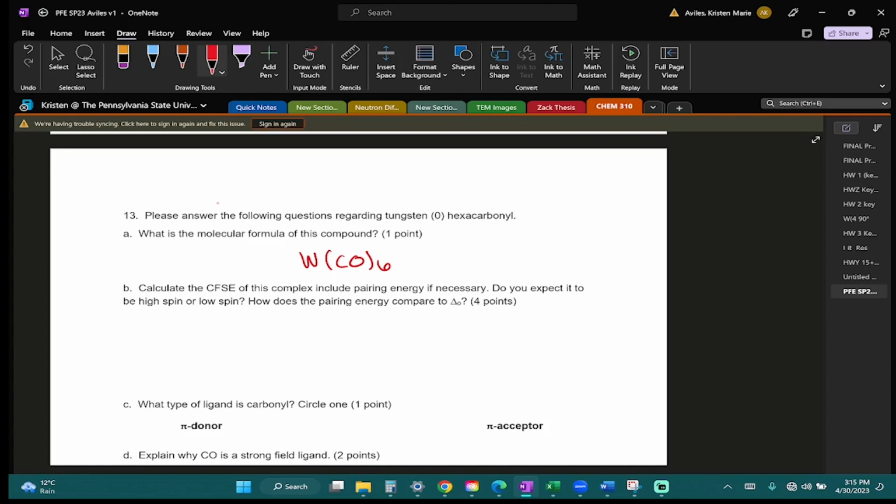All right, so we have tungsten carbonyl. It wants us now to do the CFSE. Remember that formula where we have 0.4 times our t2g electrons minus 0.6 times our eg electrons, with delta O following it. First we need to figure out the oxidation state of tungsten.